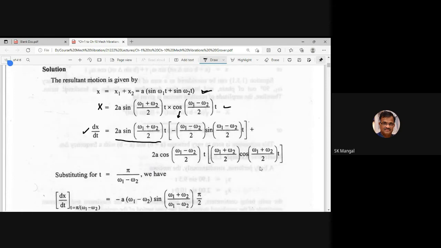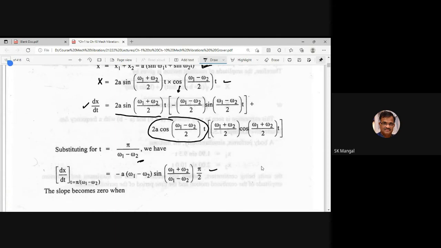Now for a given time period, when you put the value of this time period here, then you will see that this term, so for this time period here, you are getting this equation here.